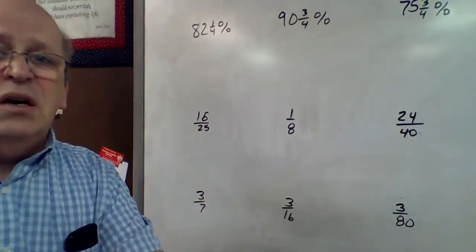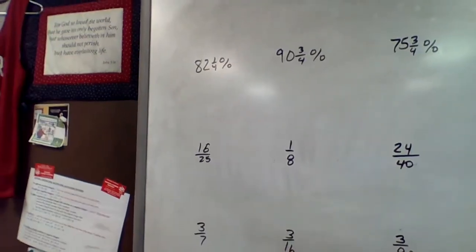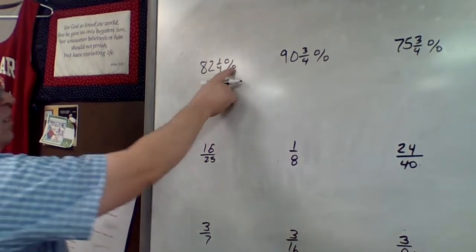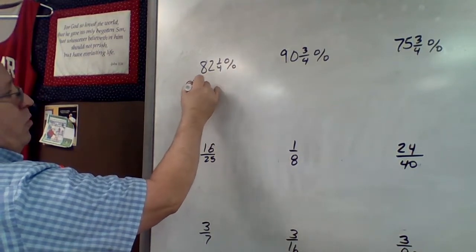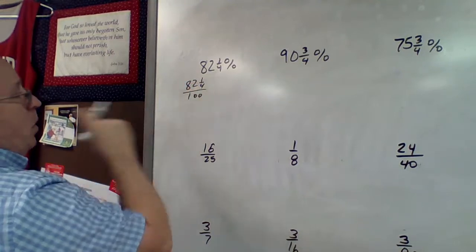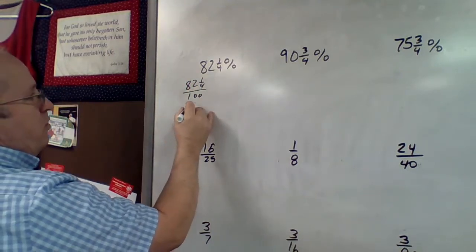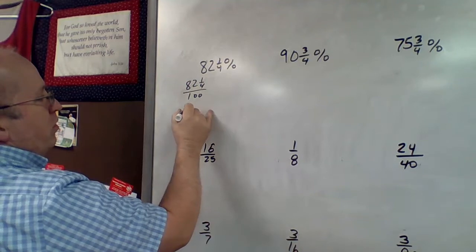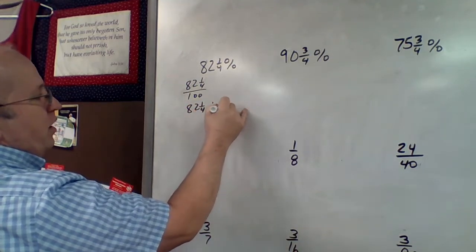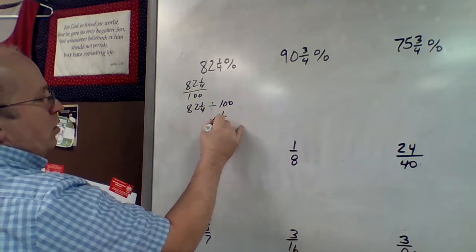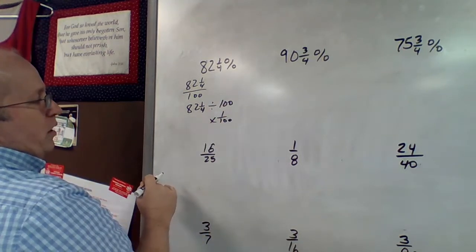Okay, let's come over here. A whole bunch more fractions. Percent still means hundreds, right? So we've got 82 1/4 hundredths. 82 1/4 hundredths means 82 1/4 divided by 100, or multiplying by 1 over 100, right?